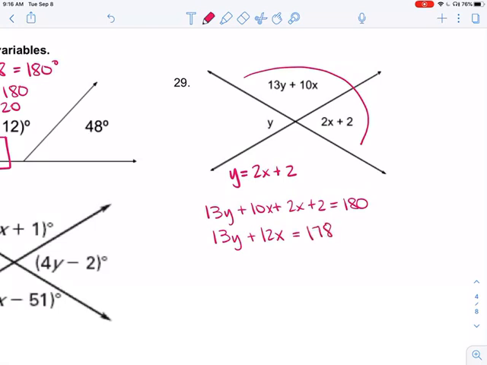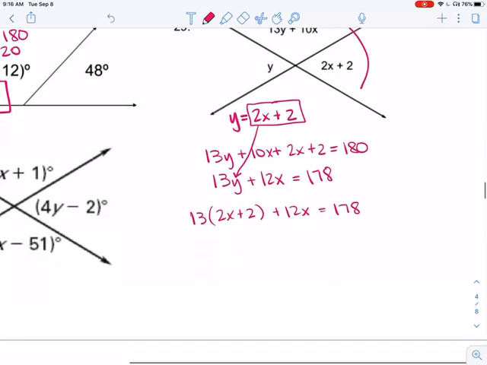And now we are ready to work some substitution. This one is set up nicely to substitute because y is equal to 2x plus 2. So I'm going to replace the y here with that. 13 times 2x plus 2 plus 12x is equal to 178. 26x plus 26 plus 12x is equal to 178.